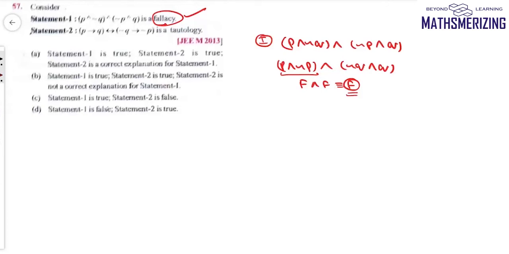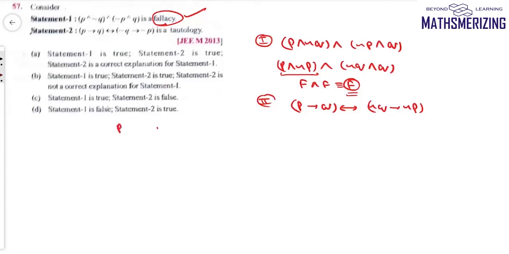Now statement 2 is P implies Q if and only if not Q implies not P is a tautology. So here we'll use the truth table method.